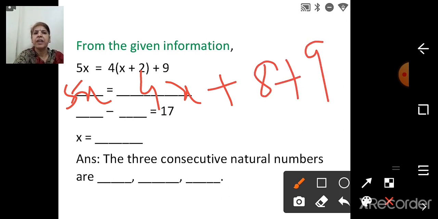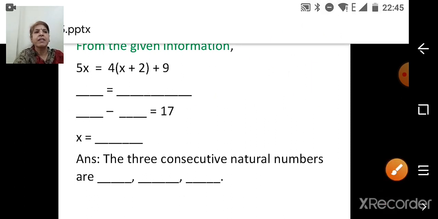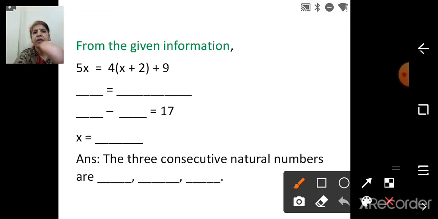Then 4X will come to the other side of the equality, so it becomes 5X minus 4X is equal to 8 plus 9, which is 17.